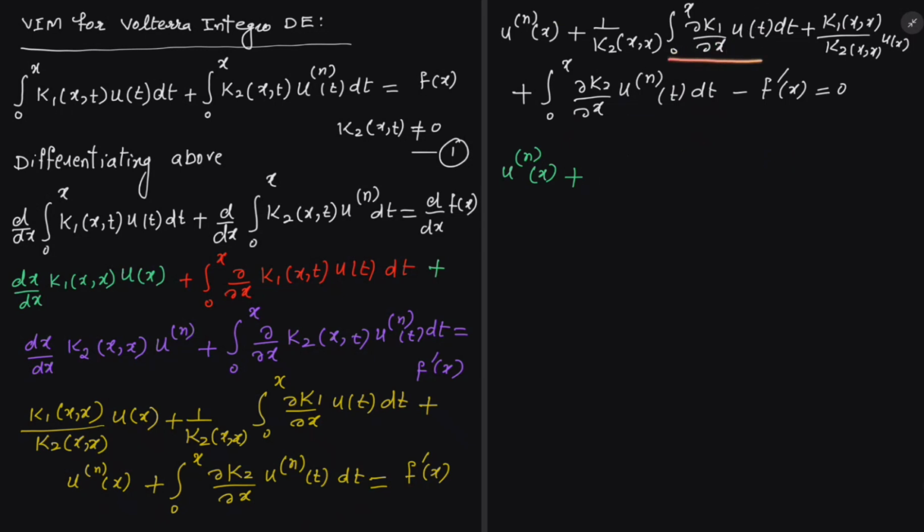We can generally write it as a function of x, u, u dash, u double dash, up to u nth derivative, which is equal to 0.